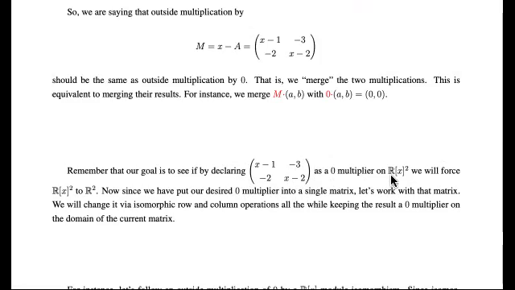So we're looking at this module here, and we say, let's make this the 0 multiplier. When we do that, something interesting happens. Taking the quotient, the idea of multiplication by this being 0, collapses and is just isomorphic to R2 itself, the original vector space.